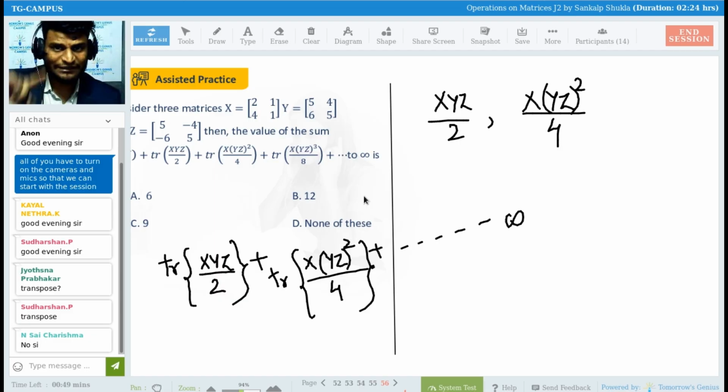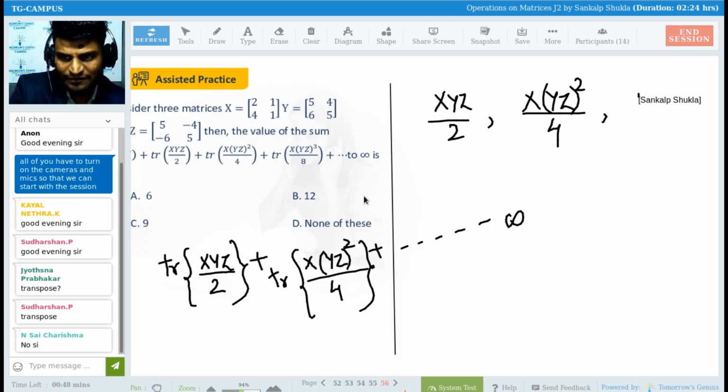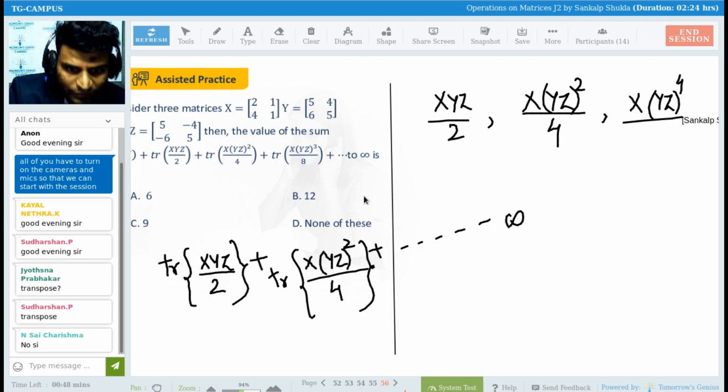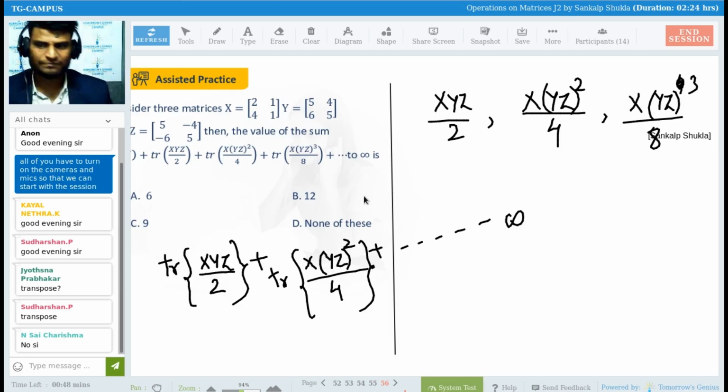The square is only assigned to YZ, not the entire XYZ, because in the next term it is X YZ to the power 4 over 8. Yes. So it means there is some relation between Y and Z, because only these two matrices are clubbed. Yes. So ignore everything, just find YZ.